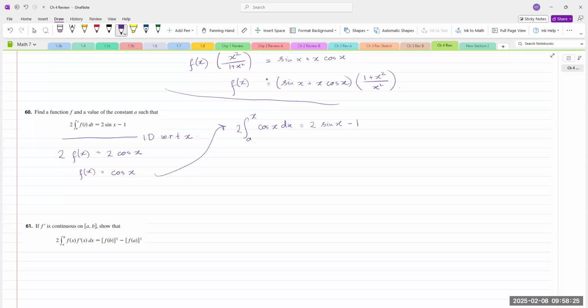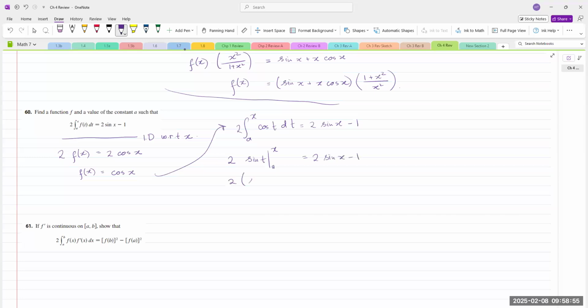On the left hand side, basically I need to get 2 sine x minus 1. But when I integrate the left hand side, I will get 2 times t, not x. That's 2 times sine t from a to x equals 2 sine x minus 1.